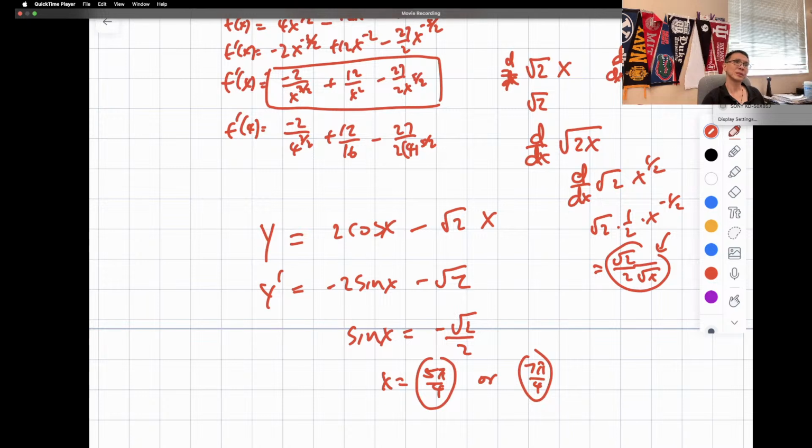This part? Oh, this part. I just told you the comparison of taking the derivative of 2x. It's the same thing as taking the derivative of square root 2x. Taking the derivative of 2x is 2, because you just figure out the slope: the number in front of x is your slope. And same thing for square root 2 in front of x, that's just going to be square root 2.